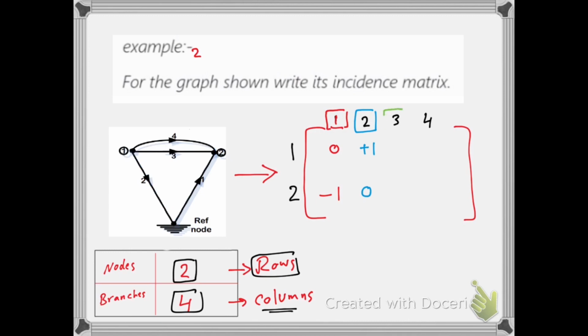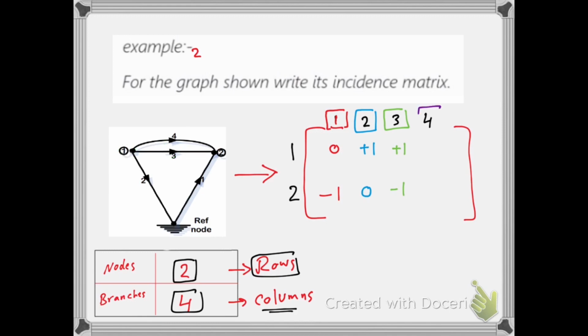Now let's find the incidence of branch 3. Branch 3 is connected between node 1 and node 2. It will leave node 1, but it will enter node 2. Hence, it leaves node 1, so I will go to 1 and put the value positive 1. And again, the branch 3 enters node 2, so at 2 I will put negative 1.